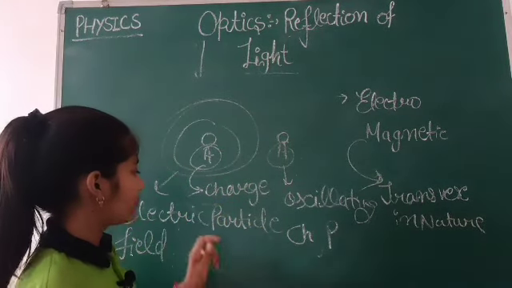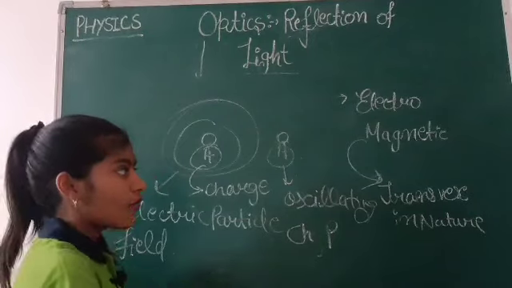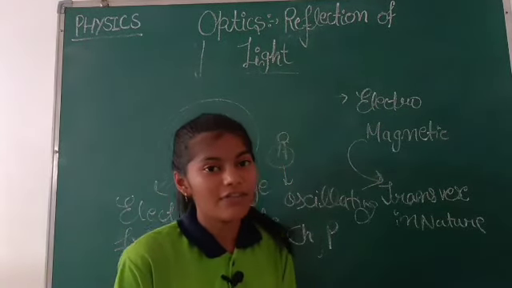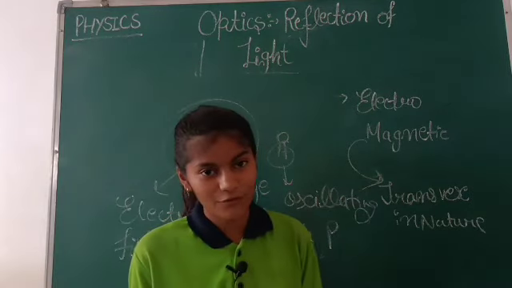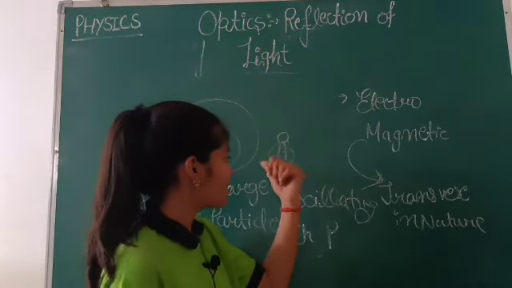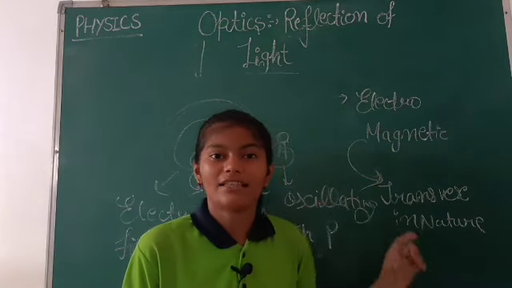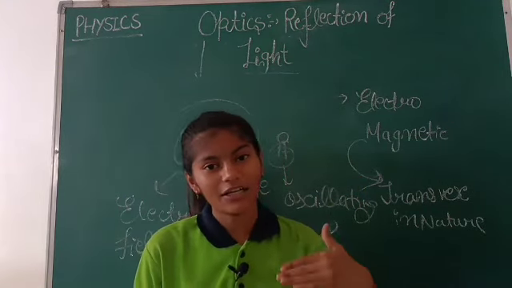Previously it was having the electric field. Now when it is moving, it will develop a magnetic field also. Now we have an electric field as well as a magnetic field developing around this oscillating charged particle A, and due to this we say that it is producing electromagnetic waves.